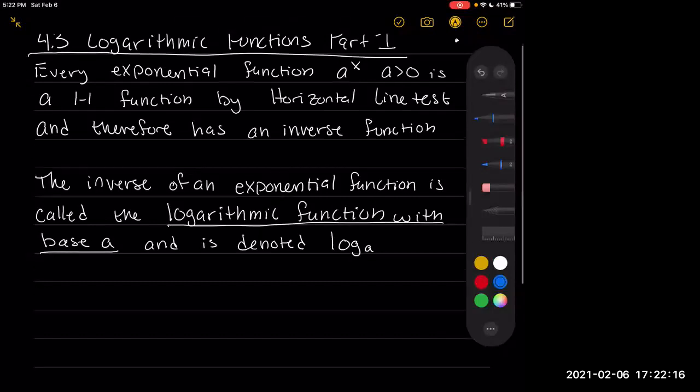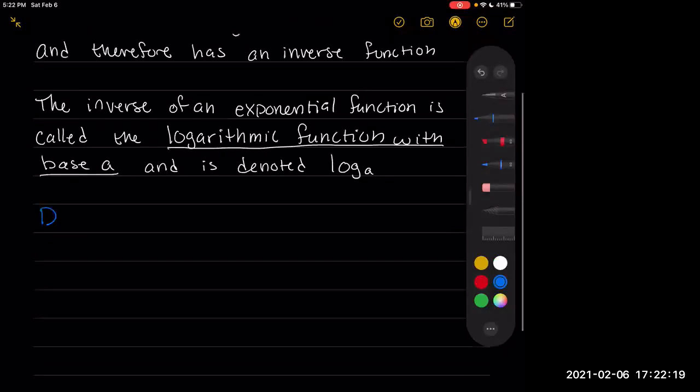All right, so now we're going to really just define it in all of its detail.